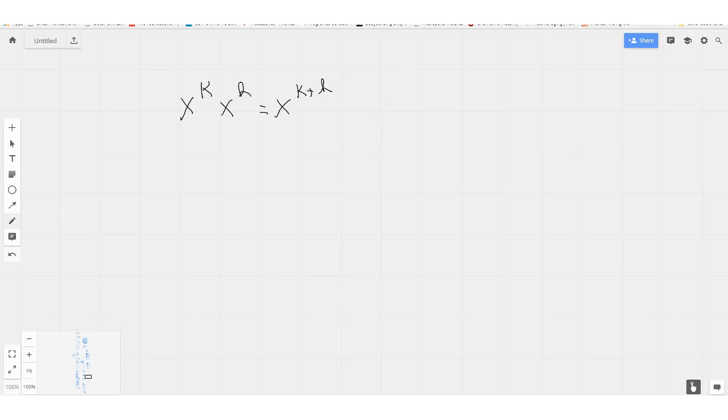Let's take 2 to the power of 3, and then we take 2 to the power of 2. This will be 8 times 4, which is 32.